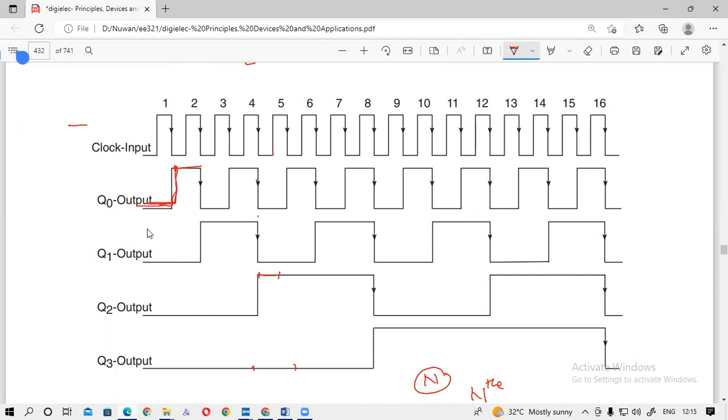So if you get the value at this point, this clock cycle, I don't know whether my writing is clear or not, so I will try to write it. This is a very important point.